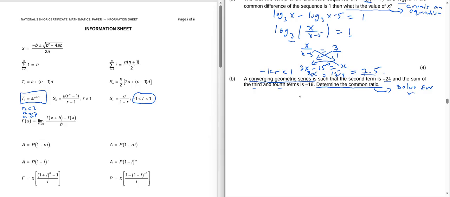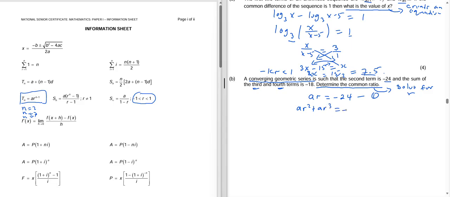That means after you've replaced n with 2, you are going to get ar equals minus 24. That will become your first equation. And then the third and the fourth terms, which means you are going to say ar squared plus ar cubed equals minus 18. That is the second equation.